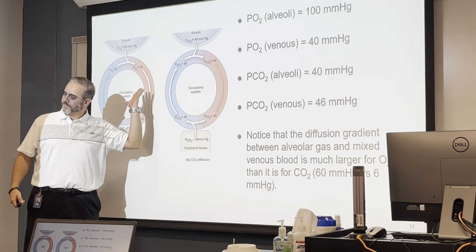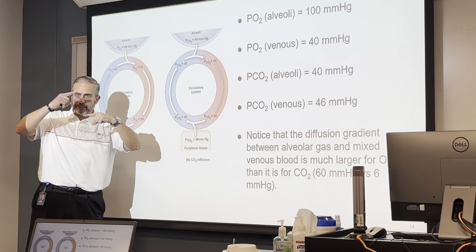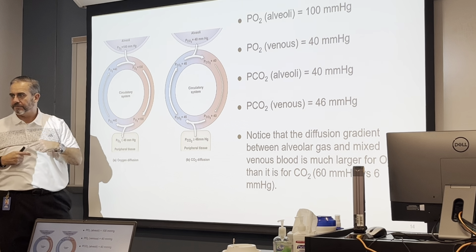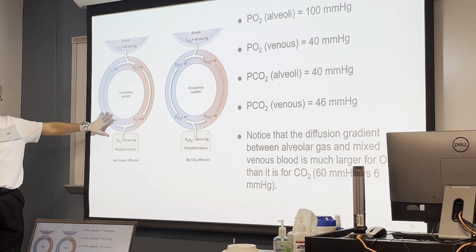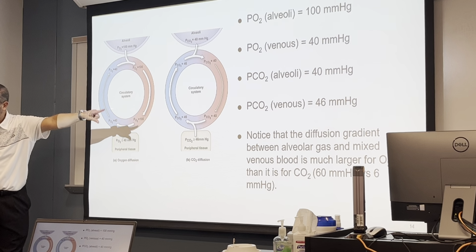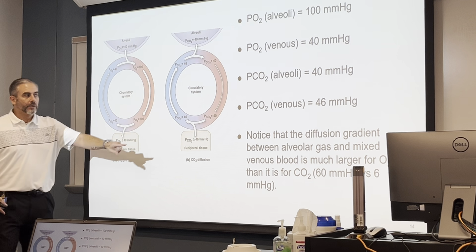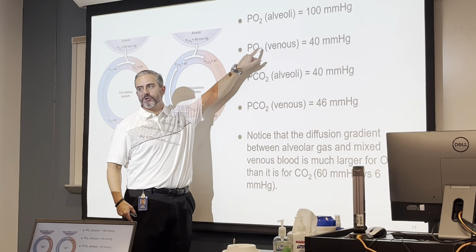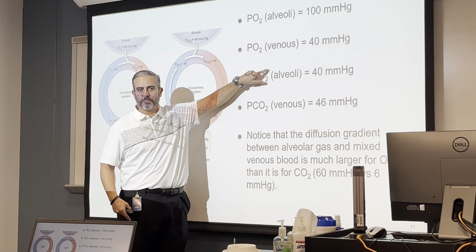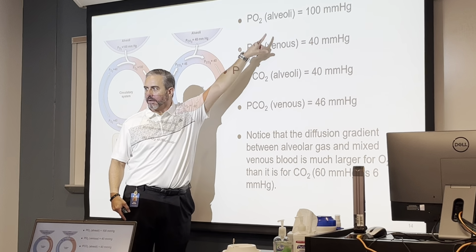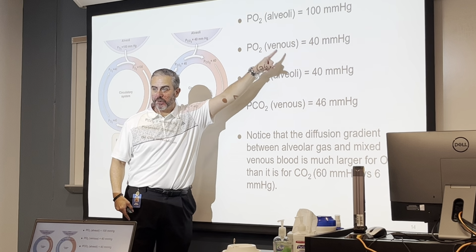Maybe that other graph shows a better example of it. All that's occurring at the same time, the CO2 and O2 diffusing, but this kind of tries to take it out. You can see the numbers, and I've made sure the numbers are exactly the same. So when I ask on the test what's a normal this or what's a normal that, you know what those numbers are.